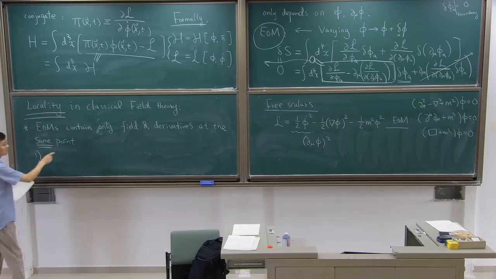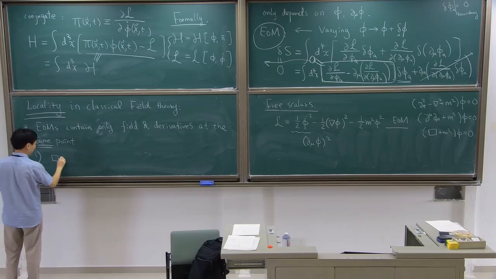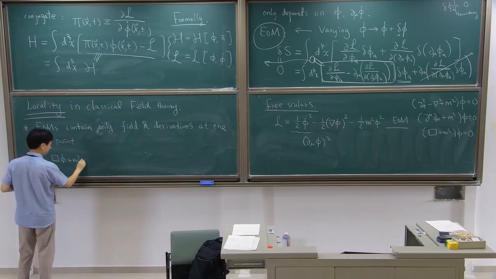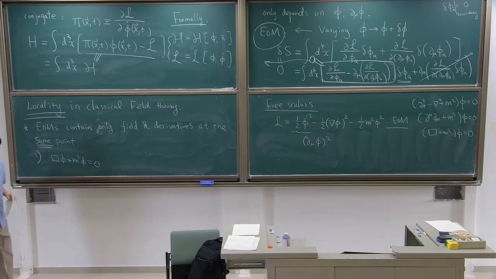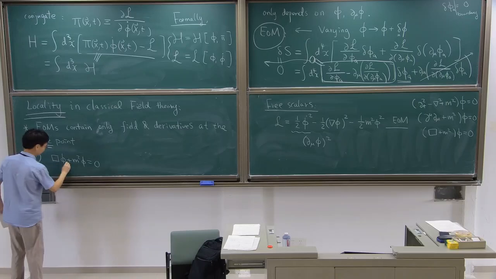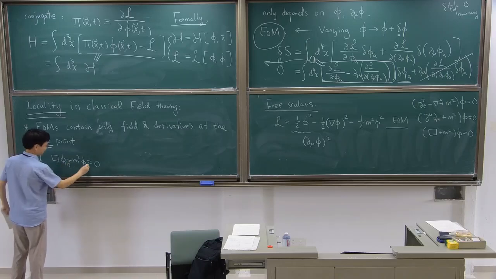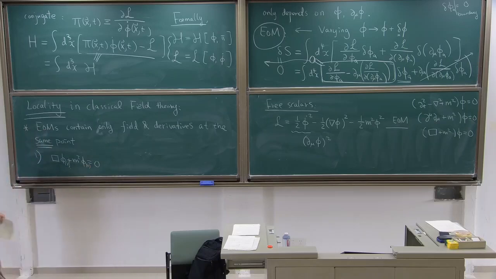For instance, we already worked out the simple example, box phi plus m squared phi equals 0. For this equation of motion, you can see everything is about the same point x; there are no two different positions, x and y.